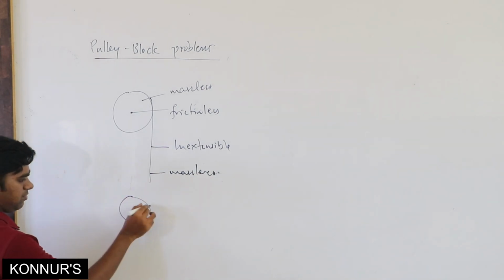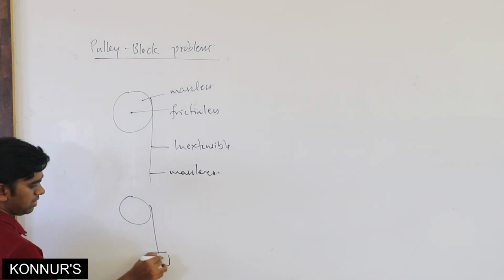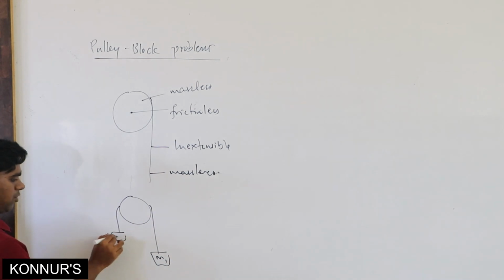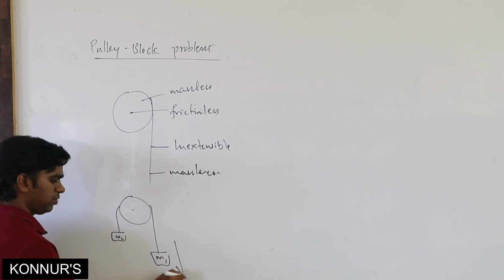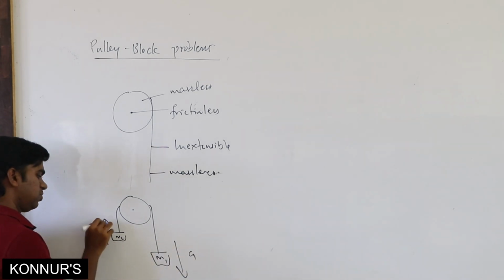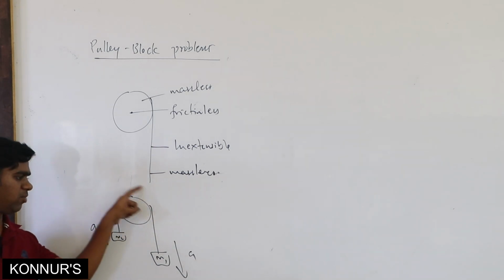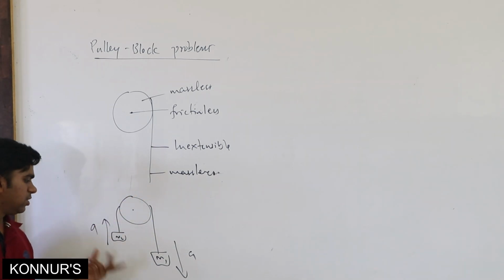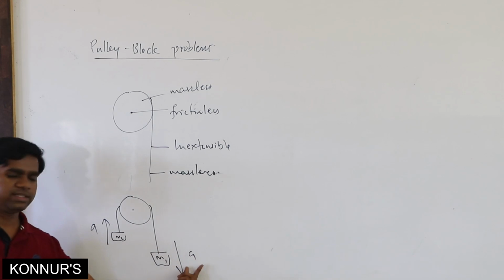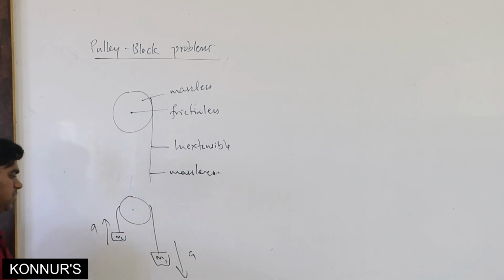Suppose there is a pulley, block M1 is connected on one side and block M2 on the other side. If one is moving with some acceleration, the other will also move with the same acceleration, because the same wire is connected between them. So the accelerations are the same but in opposite directions.